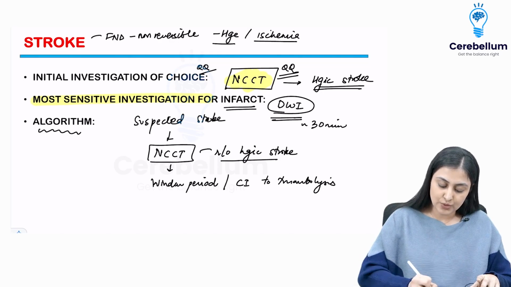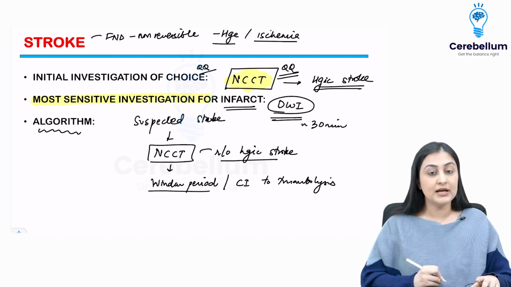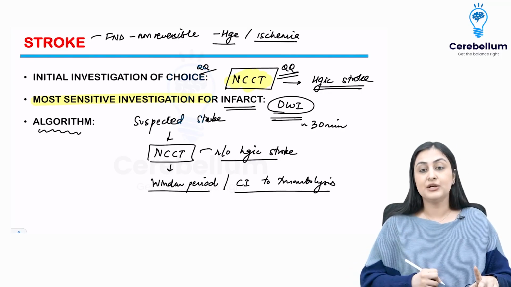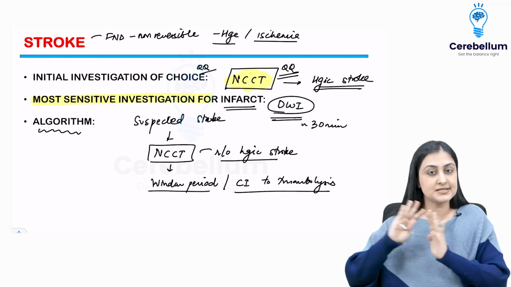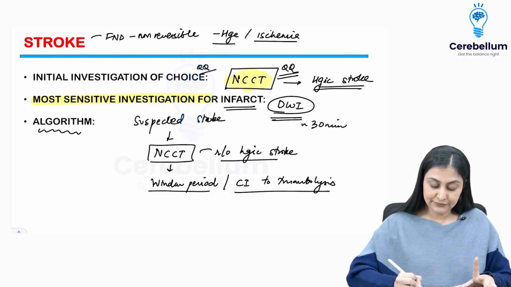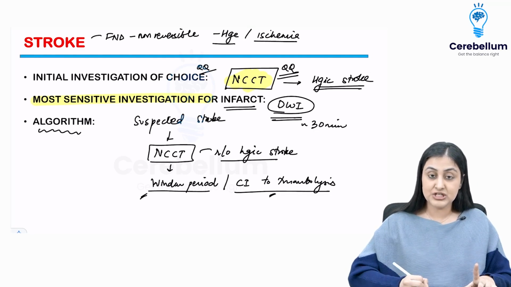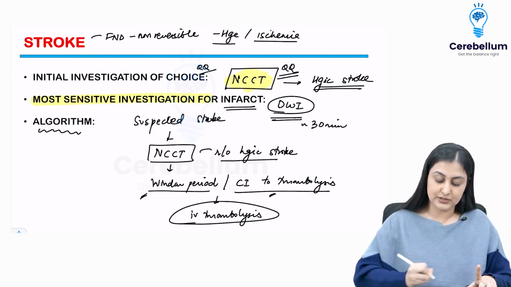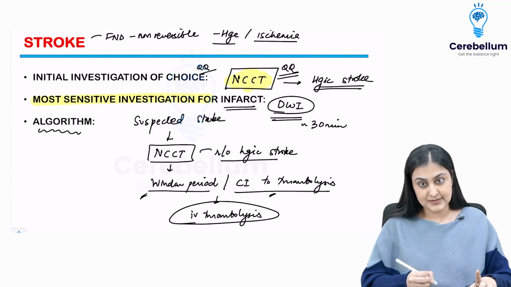Okay. So if they fall in the window period, all of this is going to be discussed in medicine, or if there are any contraindications to thrombolysis, again you rule them out. If none of this, if both are fitting, then they undergo IV thrombolysis. Okay, so then the next step is going to be IV thrombolysis.